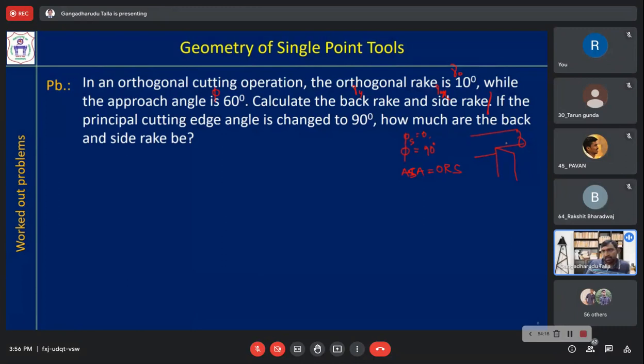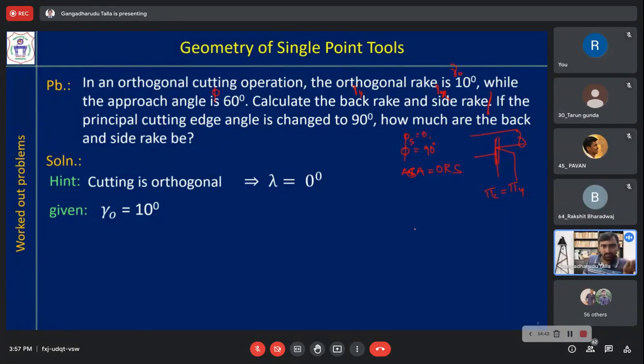So ASA and ORS, because phi c is coinciding with phi y, if phi is 90 degree. Anyhow, after calculation you will realize that. So cutting is orthogonal, so lambda equal to 0, gamma O is 10 degrees, phi equal to 60 degrees. Now you have to find out gamma y, gamma x in the first case.